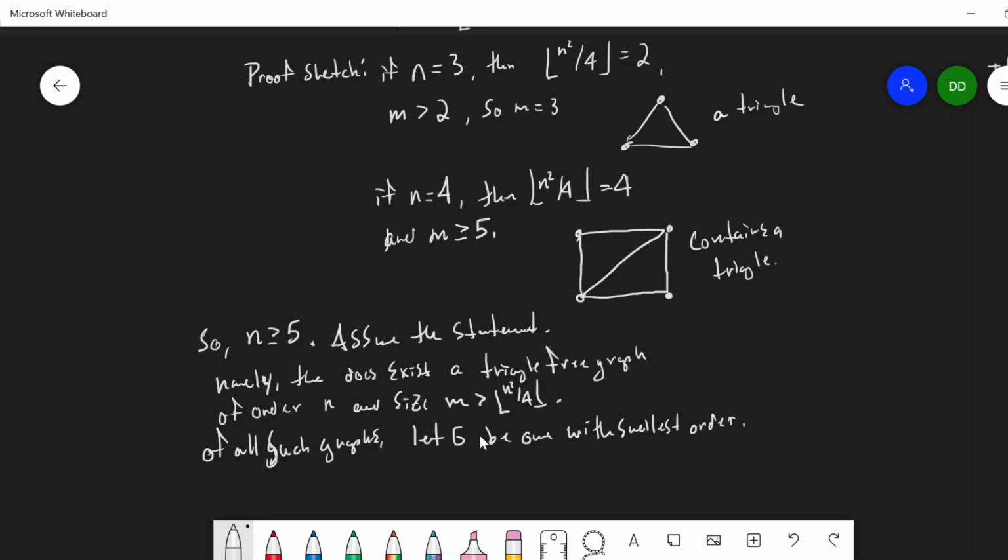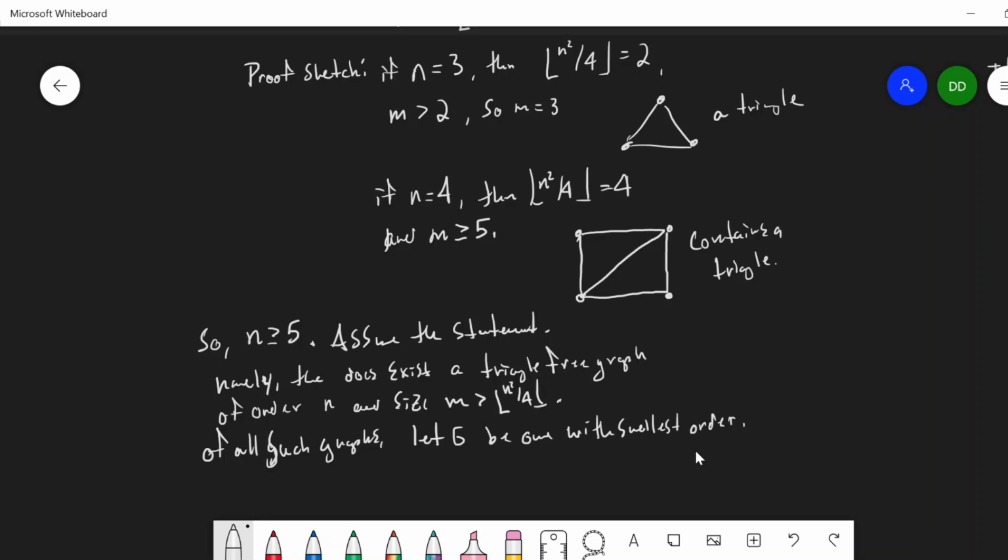The idea here is I'm going to use this to find a contradiction, right? I'm assuming that the statement's false. Namely, there exist counterexamples. I'll pick the smallest one, and I'll take this smallest one and produce another graph that satisfies the hypotheses, namely that its size is strictly greater than its order squared over 4, that's also triangle-free, which will contradict the fact that G is the smallest counterexample.